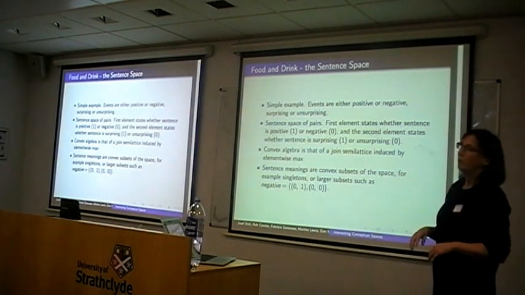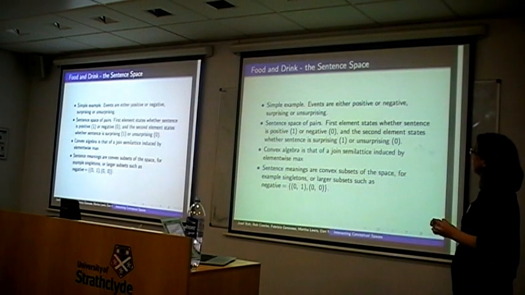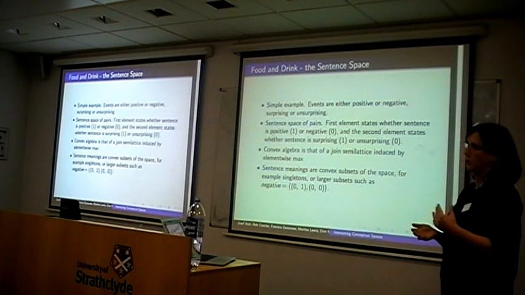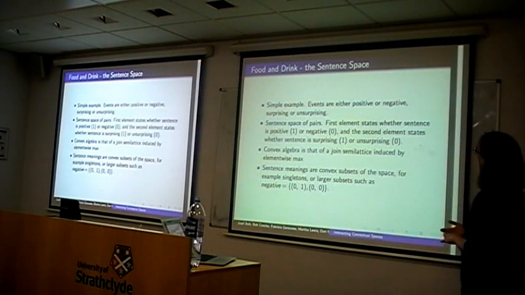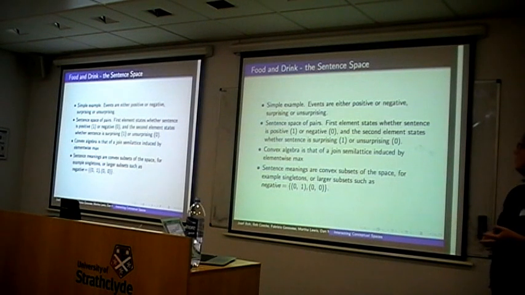Okay, so we also need to define a sentence space. And we see sentences as also being events, but slightly less structured events than Peter was talking about. So events can either be positive or negative, or they can be surprising or unsurprising. And we just have a sentence space of pairs. So the first element states whether it's positive or negative, and the second whether it's surprising or unsurprising.